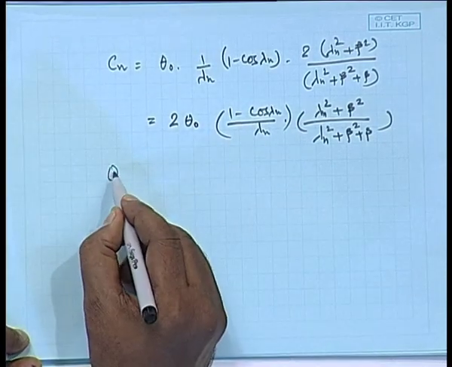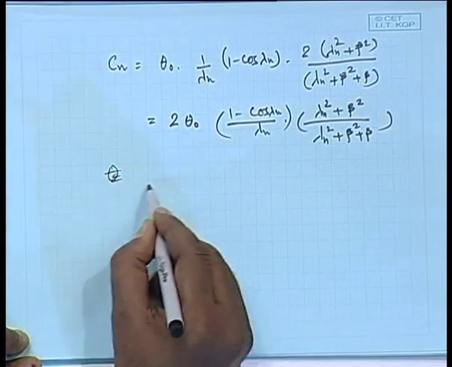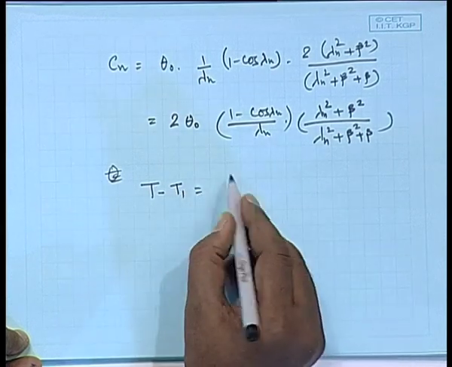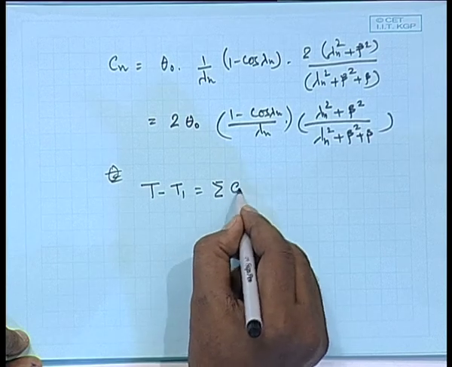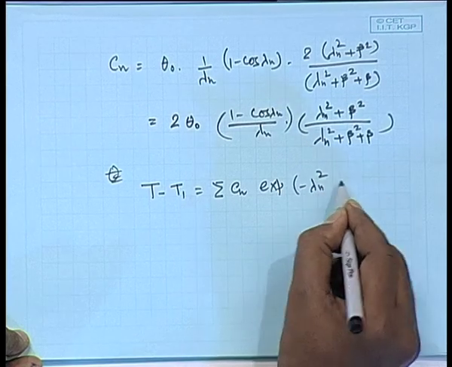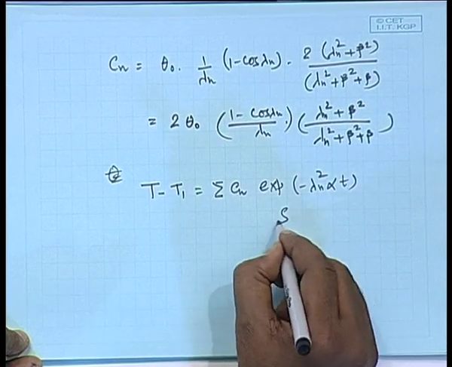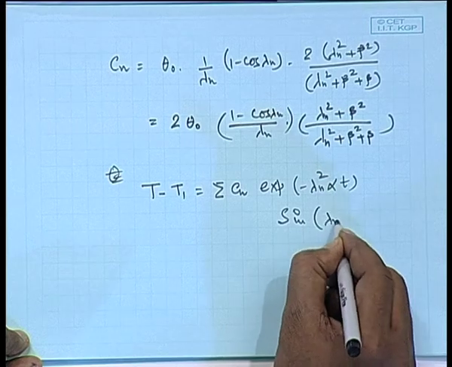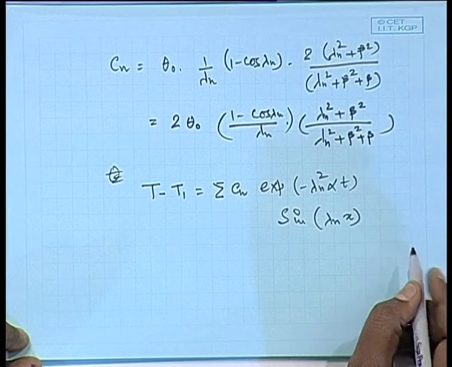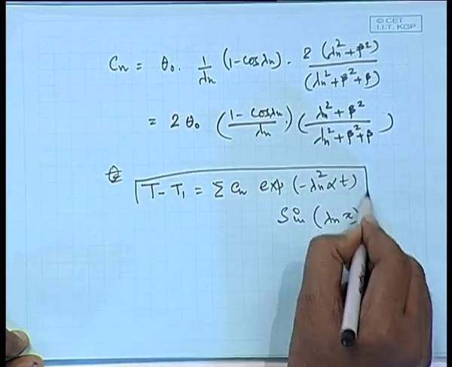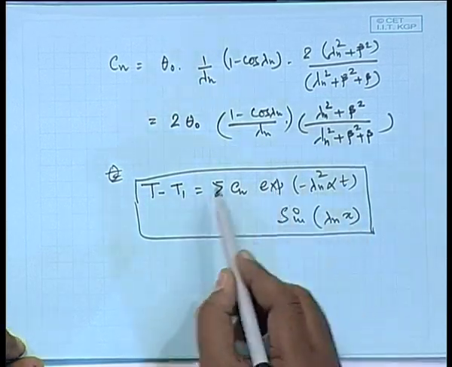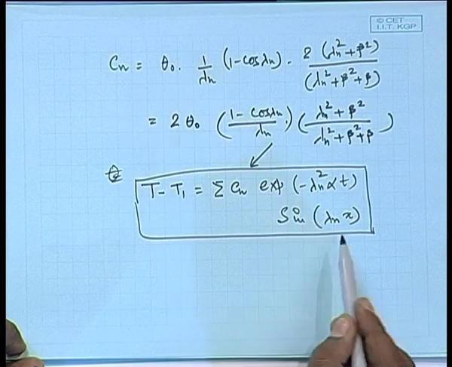Now you can get the complete solution, that is theta, which is nothing but t minus t0, right, t1, that was Cn exponential minus lambda n square alpha t sin lambda n x, where lambda n are the roots of that equation and Cn will be this.